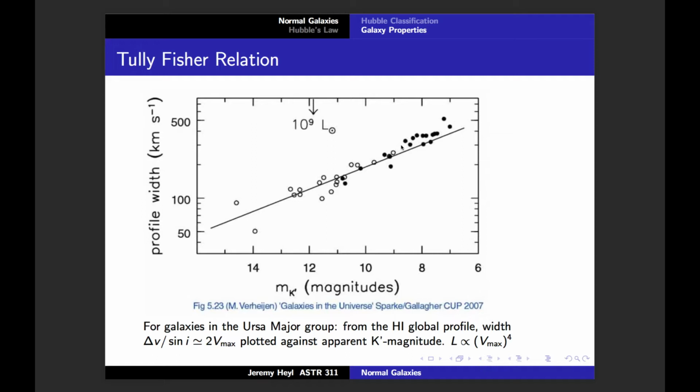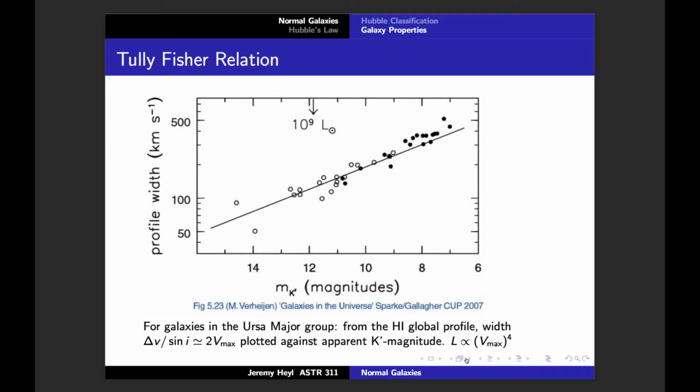So we're doing the same thing as you could do with stars. In your tutorial, you had two star clusters, and on one axis you had color, and then how bright it is. Here, for galaxies, it's not color that we look at, it's how fast they're rotating versus how bright they appear. There's a nice correlation, and we can use that to measure the distances to galaxies throughout the universe.